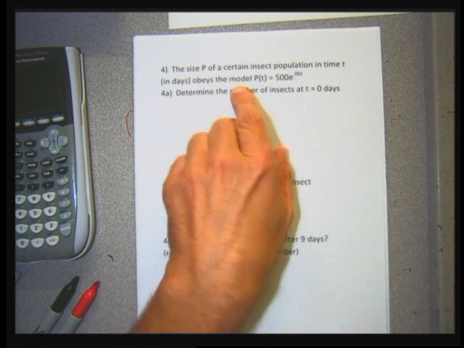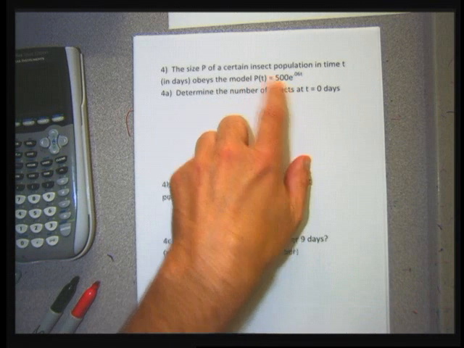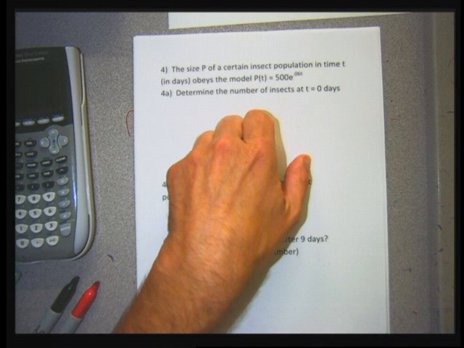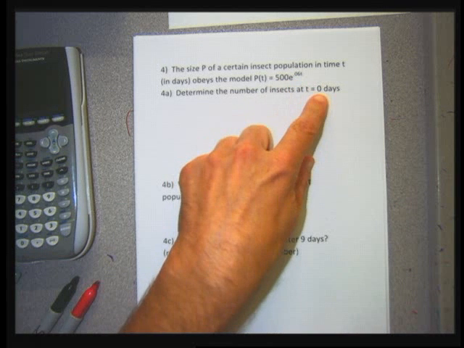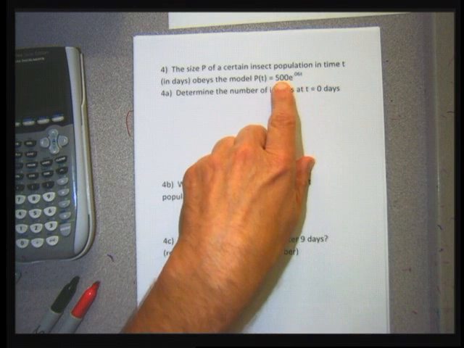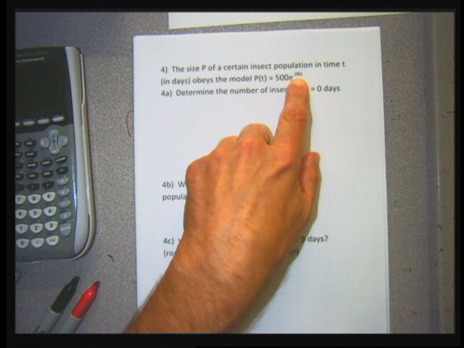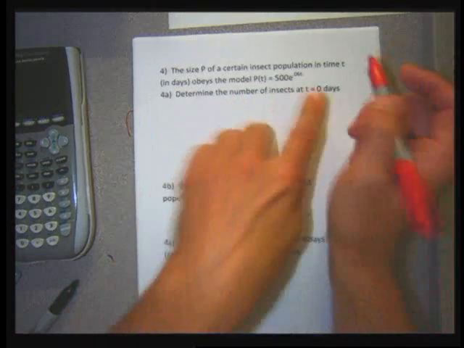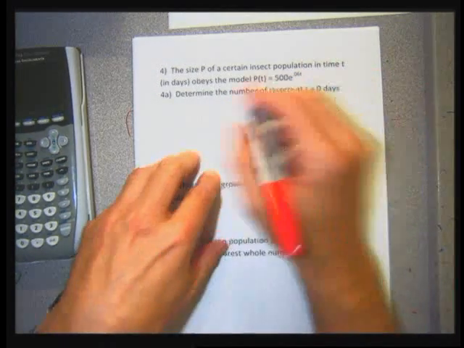And immediately, this word problem says this function will give me how many insects there are in a population in t days, where P0 is the beginning number of insects. Guaranteed that in this problem, there's going to be 500 of these insects to start, and the growth rate is 6%.